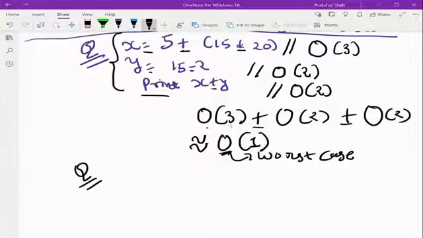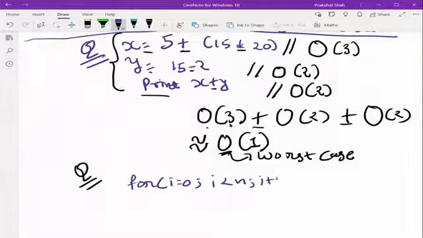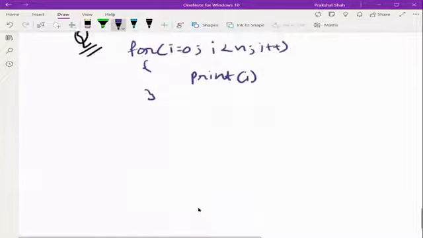Okay. Now suppose I have this: for i is equal to 0, i should be less than n, i plus plus, and here I'm doing some operation like print i. Can anyone tell me the complexity now?